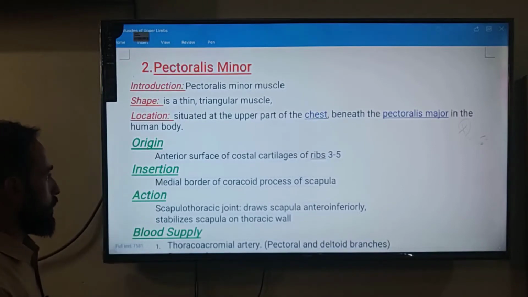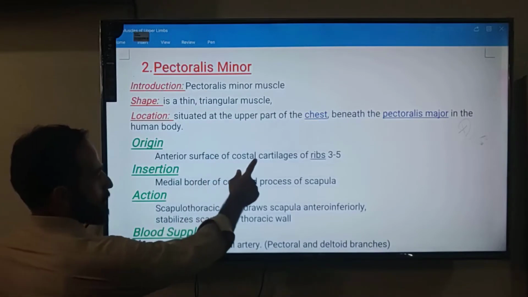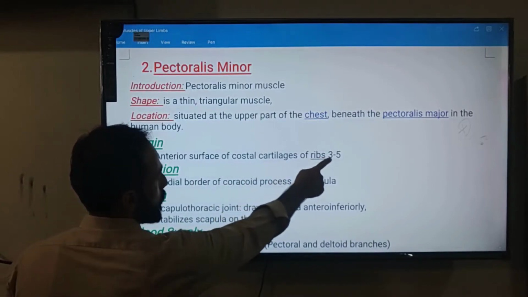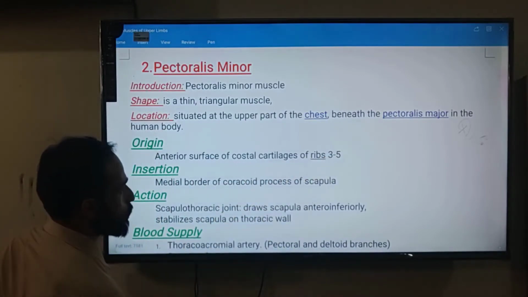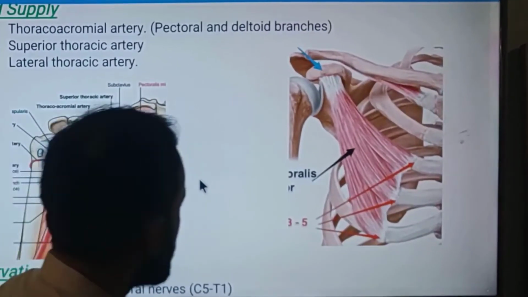What is its origin? Its origin is from the anterior surface of costal cartilages of ribs 3, 4 and 5. I will show you. Look here. That is the muscle, right?